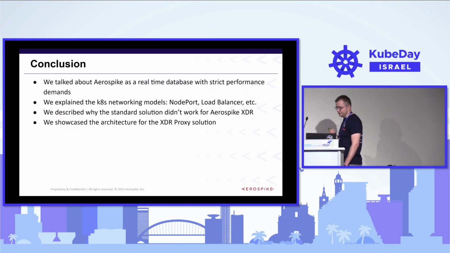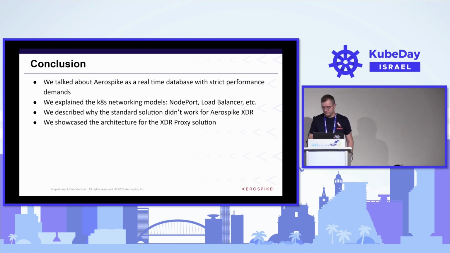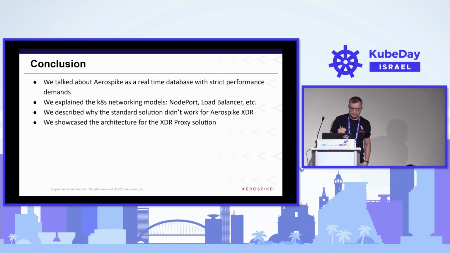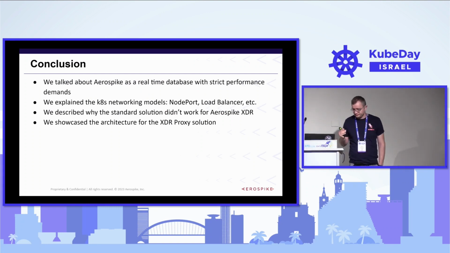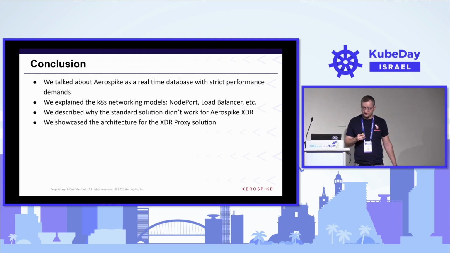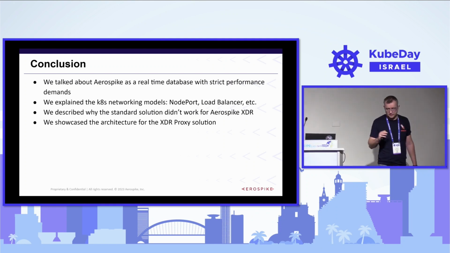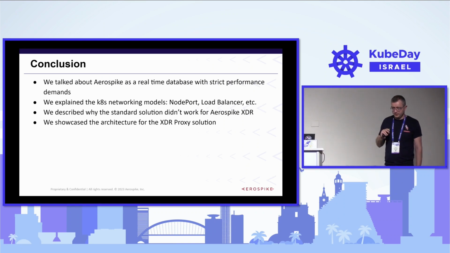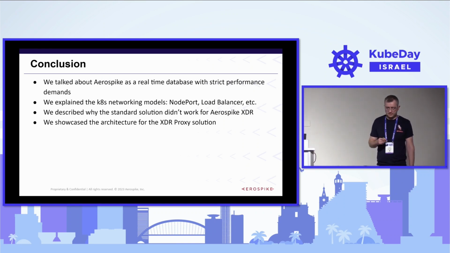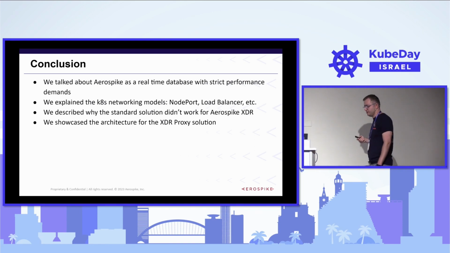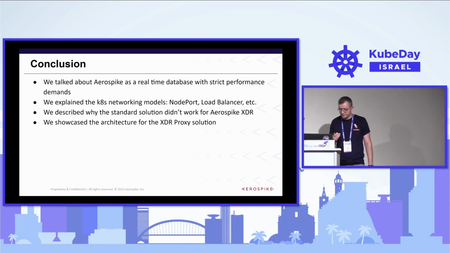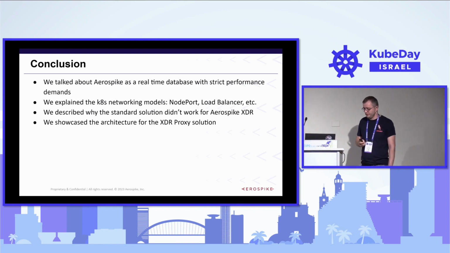So what we saw here: I introduced a little bit about Aerospike and what it is, and afterwards I explained a little bit about the load balancer and node port.